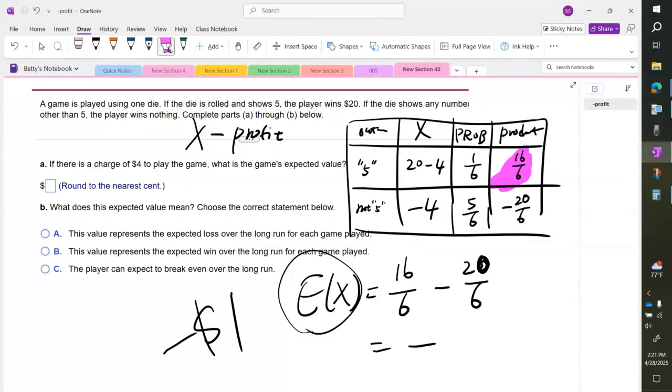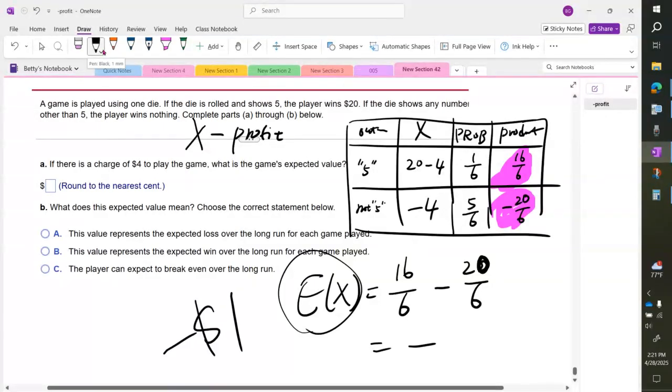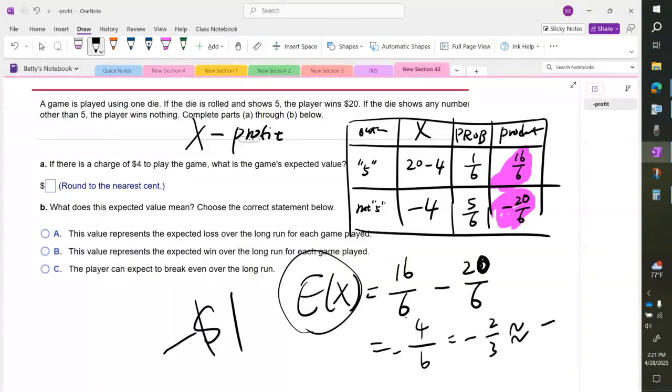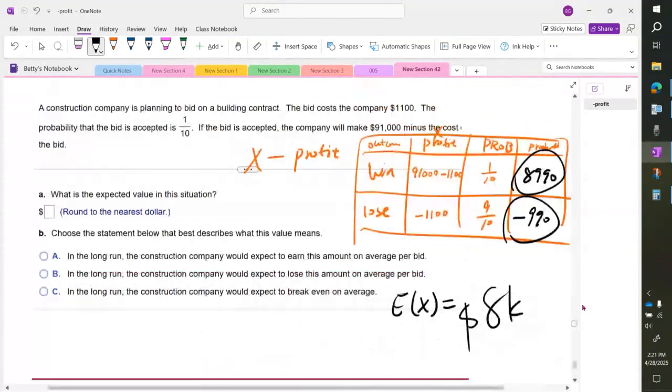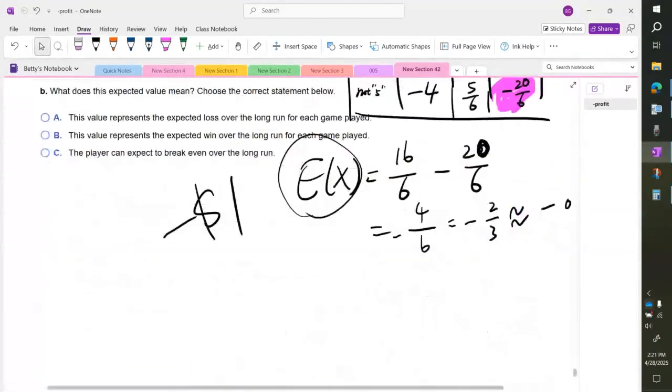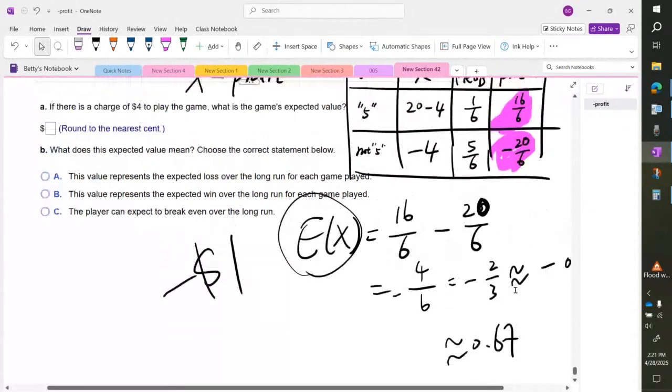So 16/6 minus 20/6 is -4/6. That is -2/3, which is approximately -0.67. So lose 67 cents.